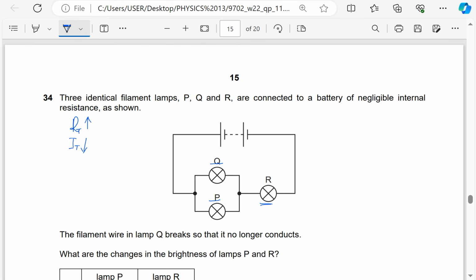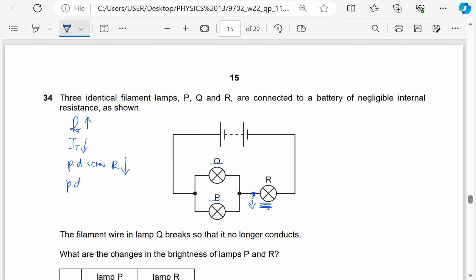So remember, R was having a fixed resistance and it had a certain PD, which could have been higher or lower than the others, but because the current going through it has now gone down, the PD across R goes down. So PD across R decreases because the current going through it is now smaller. And if the PD across this one decreases because the current going through it is smaller, by conservation of energy, the PD across P increases.